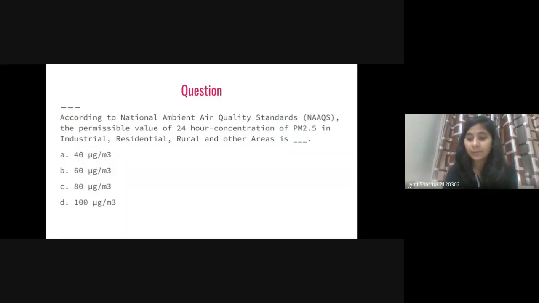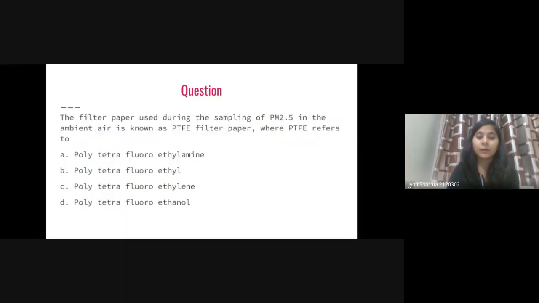What is the permissible value of particulate matter 2.5, above which there will be a negative impact? Okay, you also gave me the B answer. So yes, the answer is B, that is 60 microgram per meter cube.